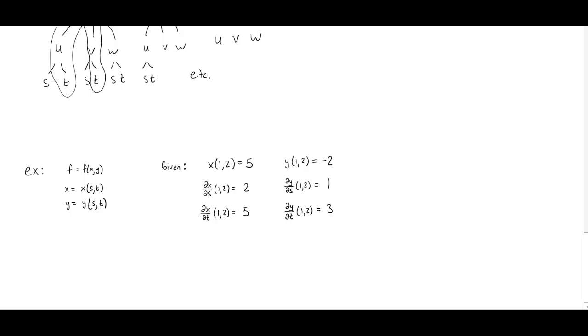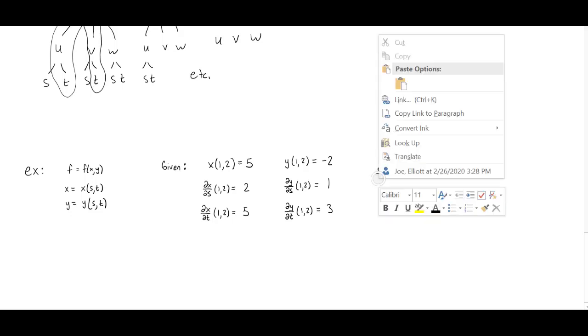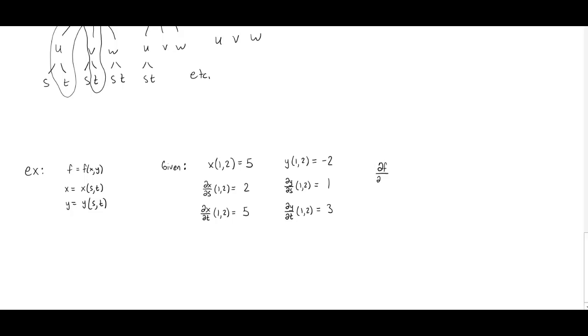And then let's say just a little bit more. We also have some information about the partial derivatives of f with respect to x and y, okay? So I'm going to be given the partial derivative of f with respect to x, I'm going to write at 1, 2 is equal to 4.